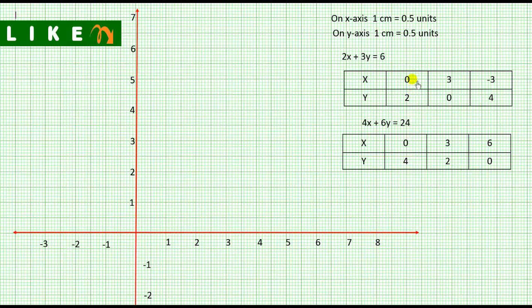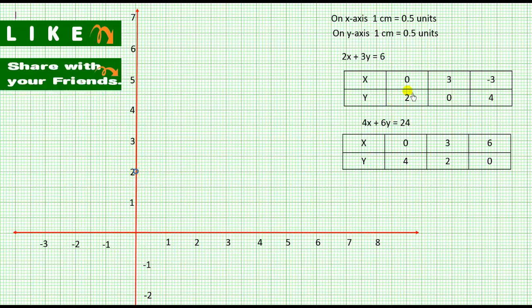Here the first set of coordinates is 0, 2: x is 0, y is 2, so the point will be plotted here. The second set is 3 and 0: x is 3, y is 0, so the second point will be plotted here.